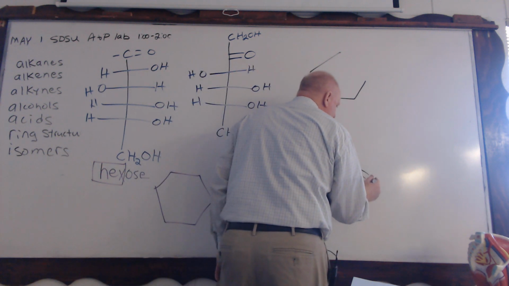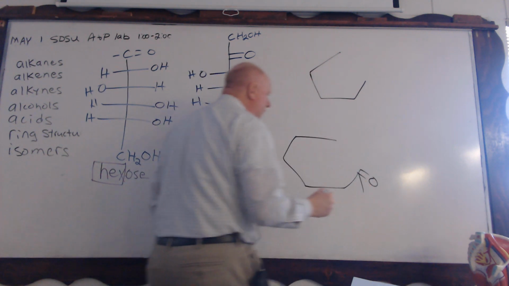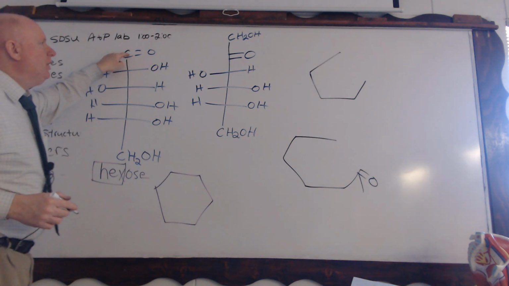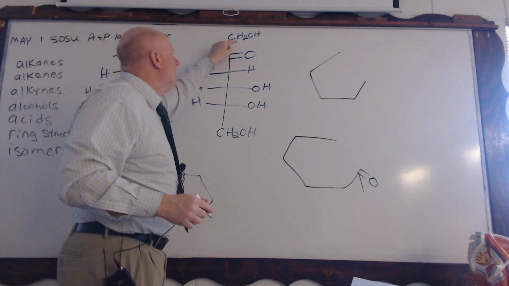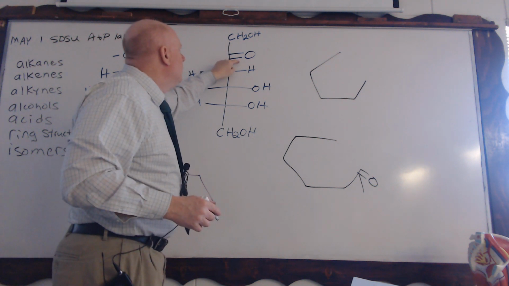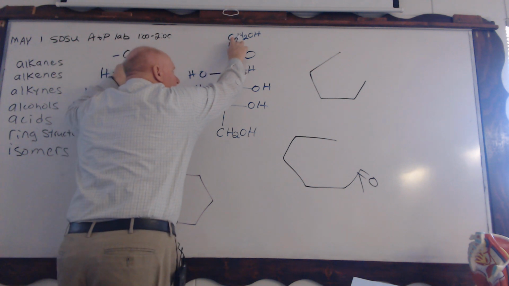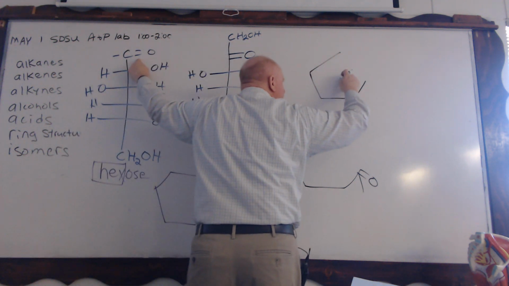Okay, there's that double bonded oxygen and a hydrogen on that carbon 1. Notice we don't have that double bonded oxygen until carbon number 2. So rather than writing this, this is what we're going to put on this structure, okay?